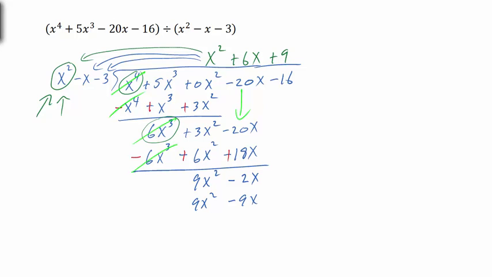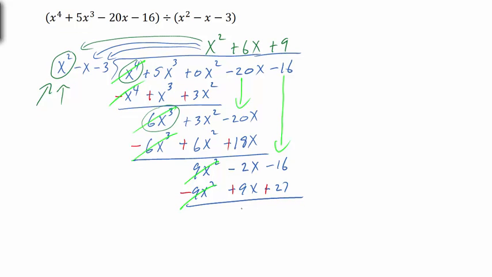And here, notice I forgot to bring down the next term, which was a negative 16. So 9 times negative 3 would be a negative 27. And we're going to change the signs once more. First term cancels out. And now we end up with 7x and then plus 11.